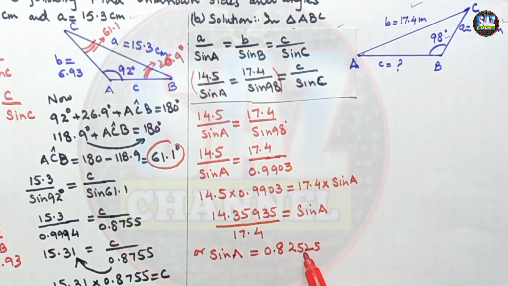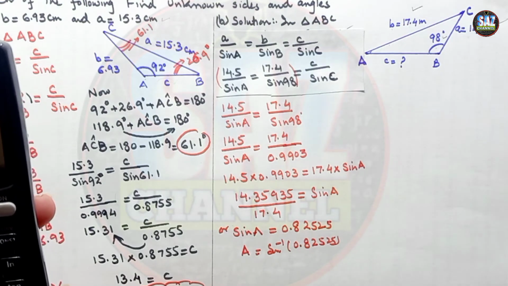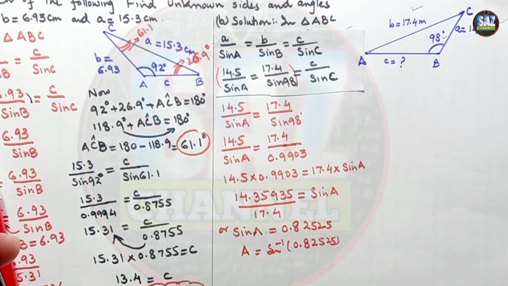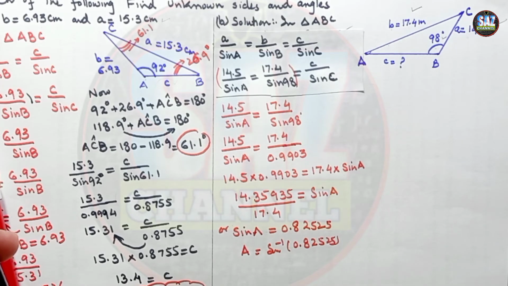Okay, I have to take sine inverse of 0.82525. First press the shift key and then sine, and there will be the display of sine inverse. I am repeatedly telling this to my students so that they can learn how to take the inverse sine.